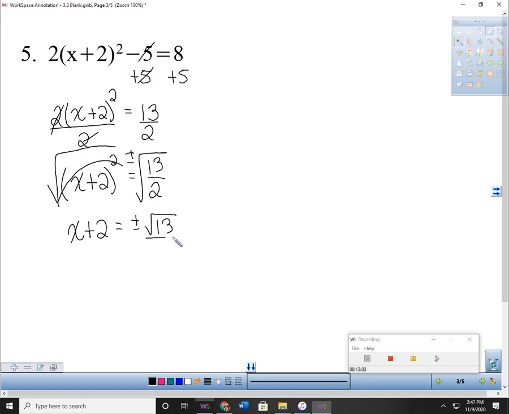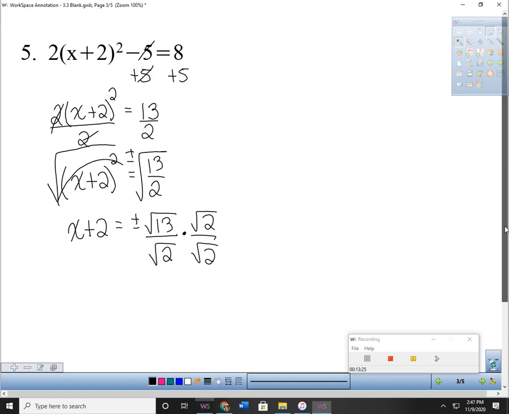And then I also know that 2 is a prime number, so I can't reduce that. So I just end up with the square root of 13 over the square root of 2. But I can't leave it like this, right? Because I have this root in the bottom. That's a problem. So I will multiply by that root on top and the bottom. And the left side, still chilling like a villain.